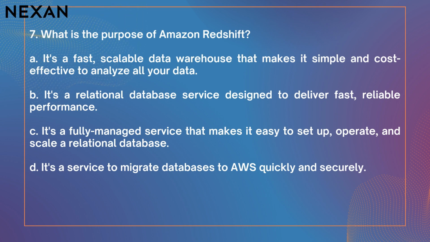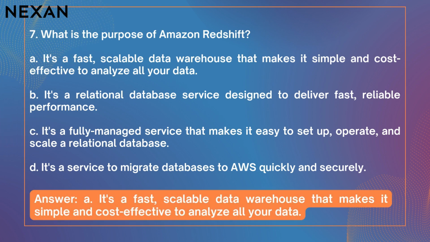C. It is a fully managed service that makes it easy to set up, operate, and scale a relational database. D. It is a service to migrate databases to AWS quickly and securely. Answer: A. It is a fast, scalable data warehouse that makes it simple and cost-effective to analyze all your data.